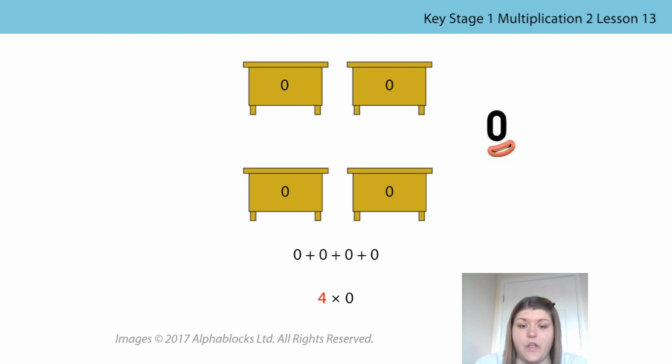The red 4 represents, yeah, that's it. It's the 4 desks. We know that, don't we, from our previous learning. Then the 0. That 0 is representing how many in each group. And we have nothing in our group. We have no children. None. 0. So that's why we write 4 times 0.